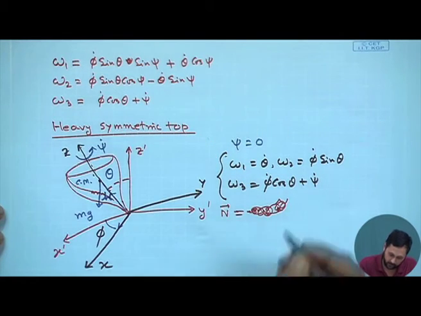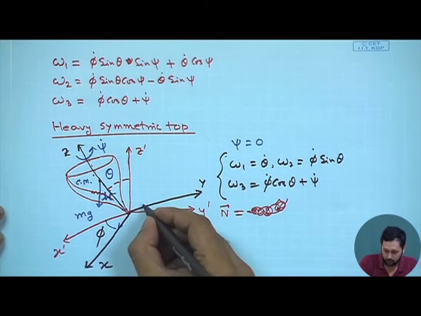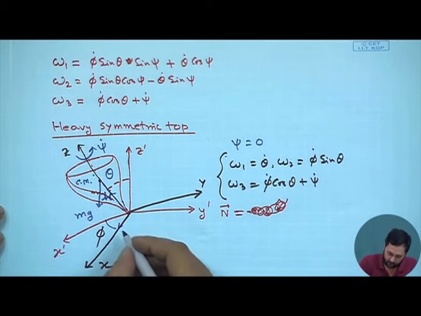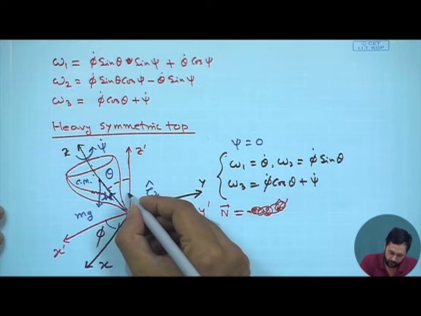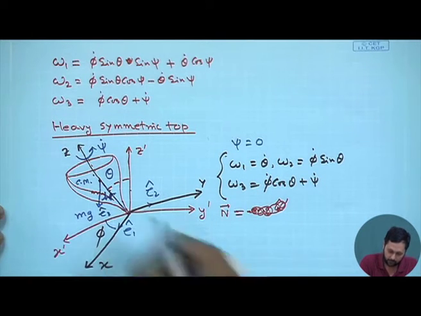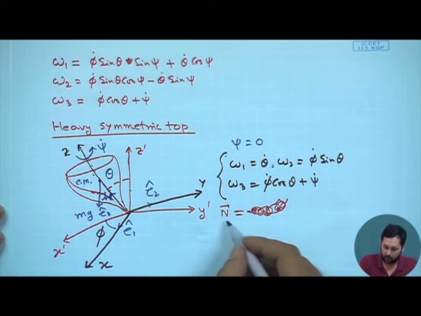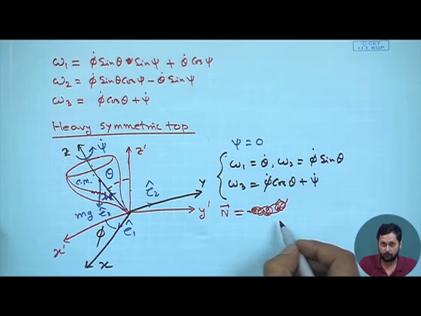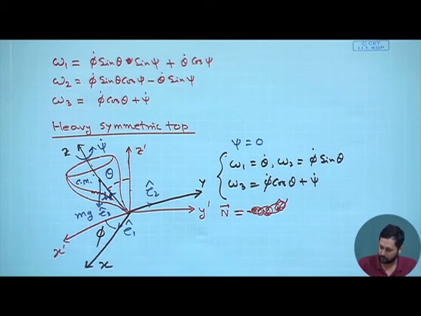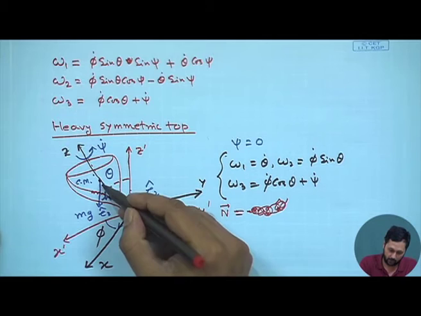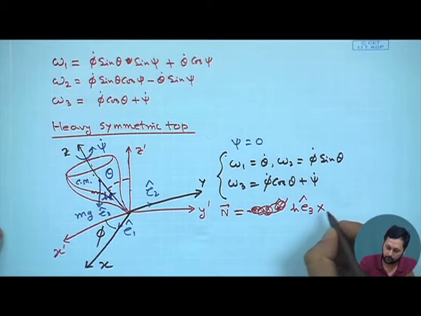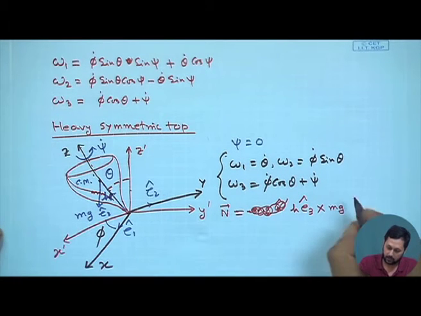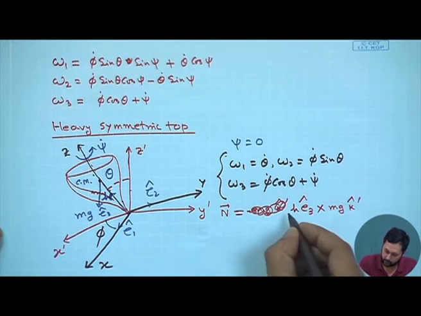So, this will be our z axis, and let us call the three unit vectors E1 capped, E2 capped and E3 capped. So, your r cross f, with f equal to mg times minus k capped, which we just wrote, and r equal to h E3 cap, gives h E3 cap cross mg times k capped, with a minus sign.